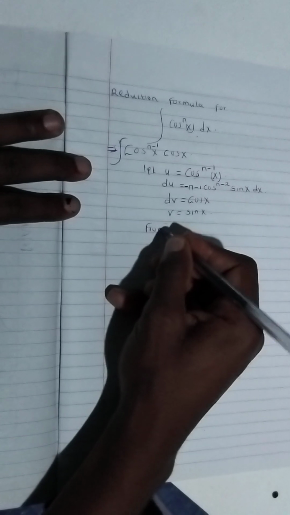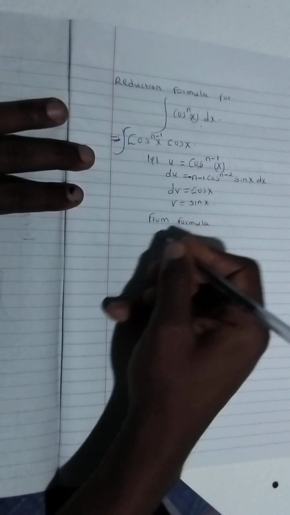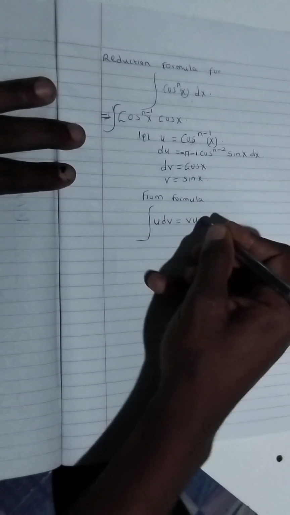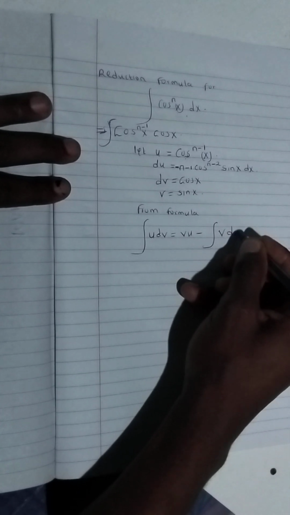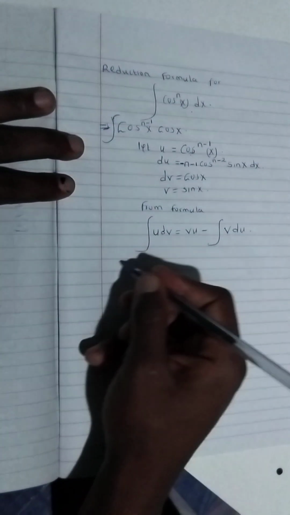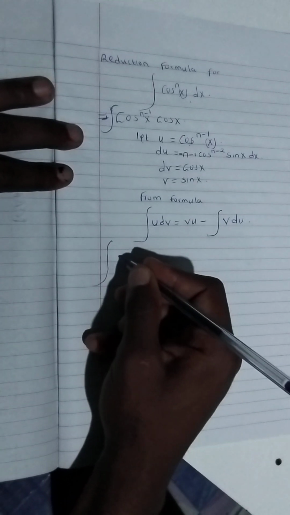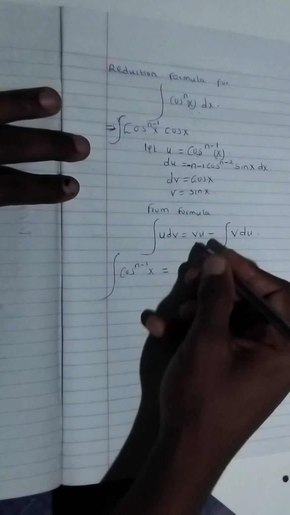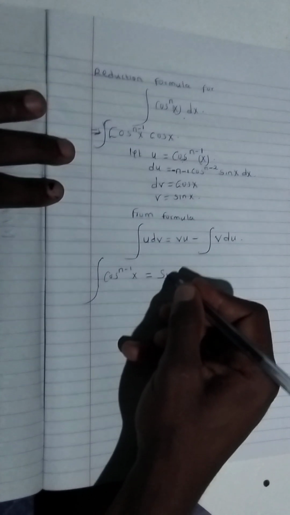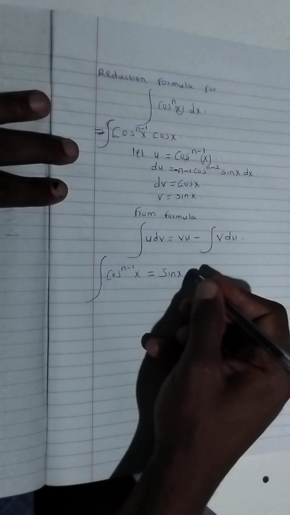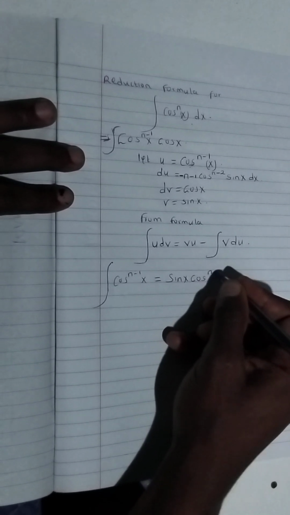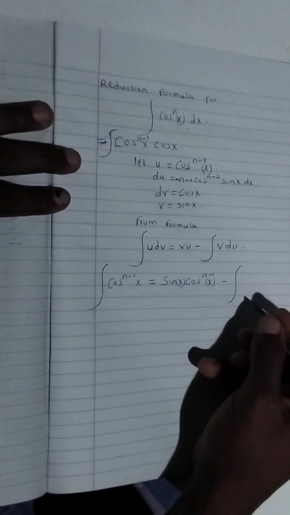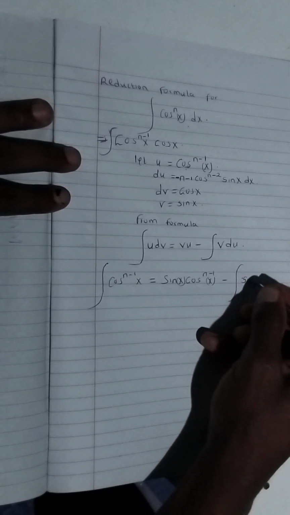Now from the formula, which states that the integral of u dv is equivalent to vu minus the integral of v du, this is equivalent to sin x times cos^(n-1) x, minus the integral of v, which is sin x.